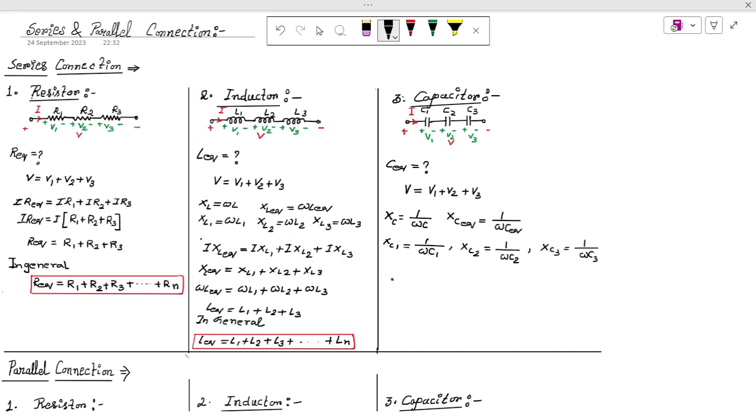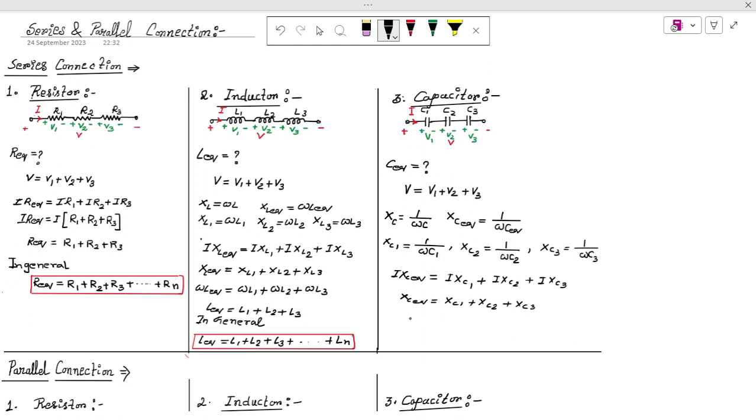So substitute in such a way V equal to I XC equivalent equal to I XC1 plus I XC2 plus I XC3. XC equivalent equal to XC1 plus XC2 plus XC3.